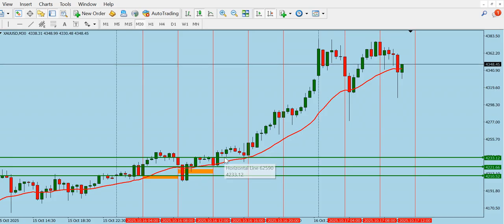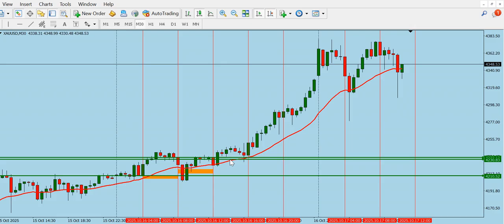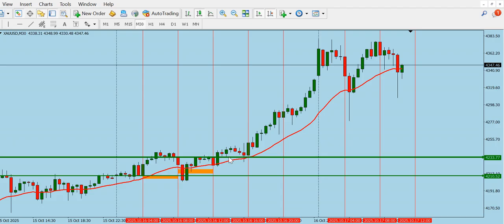Now, for the next close, price closed on the same line with the previous close. This is the previous close. Price closed on the same line with this previous close. There's something significant with mega smash strategy. If price is rising and from one close to another, you have price closing on the same line, and price is in a trend, is rising, then you expect price to continue to rise.